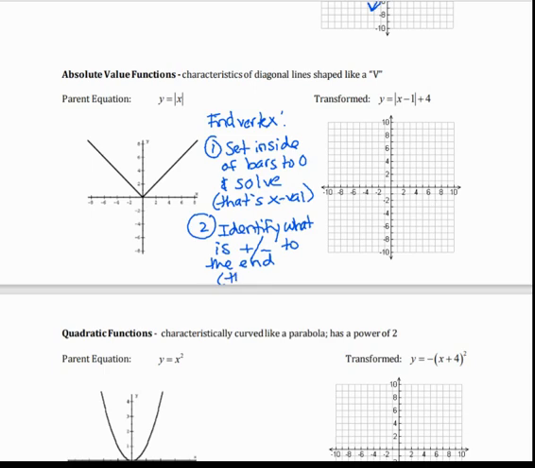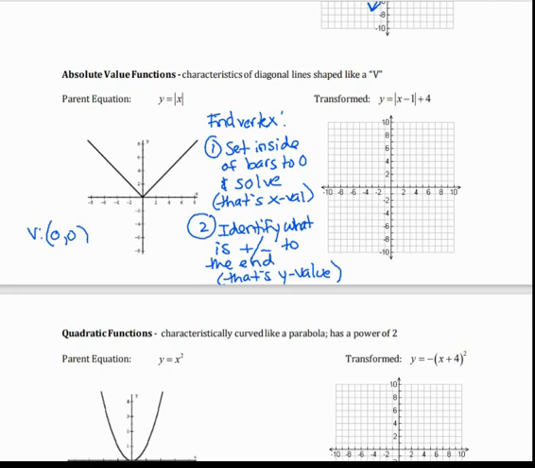And that's the y value. So notice in our parent function, that vertex is 0, 0. If I set the inside to 0, x equals 0 is 0. So there's my x value. And what's being added or subtracted to the end? 0. So here we have a vertex of 0, 0.